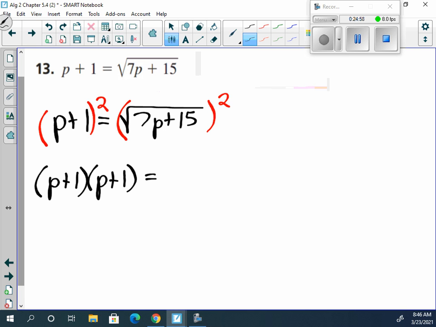P plus 1. It's being multiplied by itself. So we're going to have to distribute that. Now, on the left-hand side, we have the square root of 7p plus 15 squared. Radical is by itself. So the radical and the square will cancel out, leaving us with 7p plus 15. Any questions on this here so far?